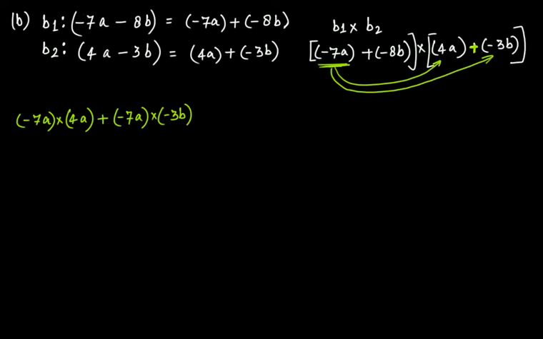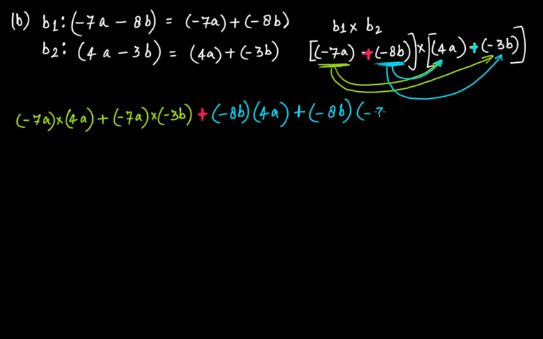Then you have this plus sign here, plus. Now this minus 8b, the second term of this binomial, you multiply with 4a, so minus 8b multiplied by 4a. Then again this minus 8b multiplied by minus 3b. Before that, this is a plus sign, so plus minus 8b multiplied by minus 3b.